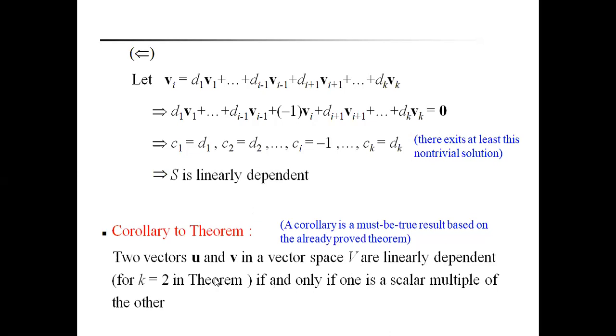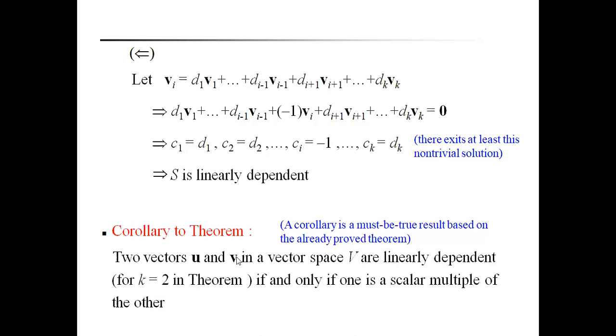So one vector can be taken as a scalar multiple of the other. How to write this? In the above theorem we take k equal to 2, having only two vectors, one a scalar multiple of the other.